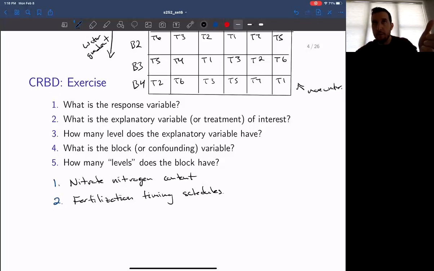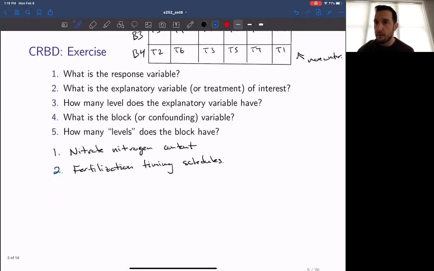With the completely randomized block design, we're asking the exact same question. However, while we ask the same question as with one-way ANOVA, we are also going to take into consideration that there's this confounding variable and we're going to control for it.